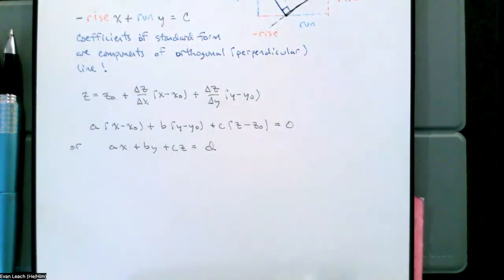And the same thing should happen. The coefficients of the standard form should give us a vector perpendicular to the plane. And that's what happens.